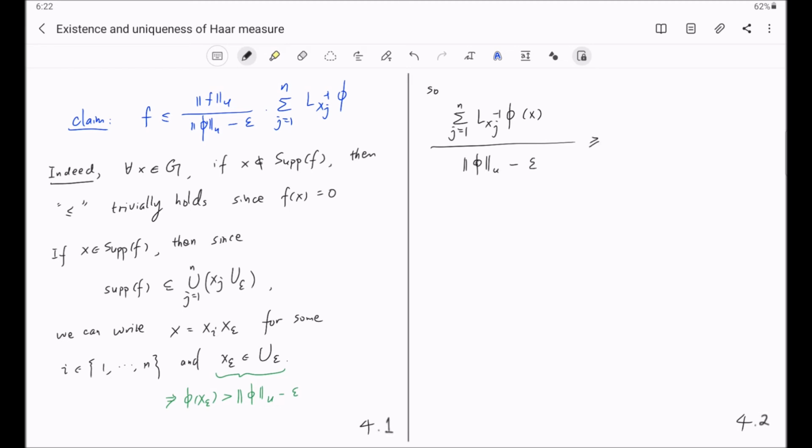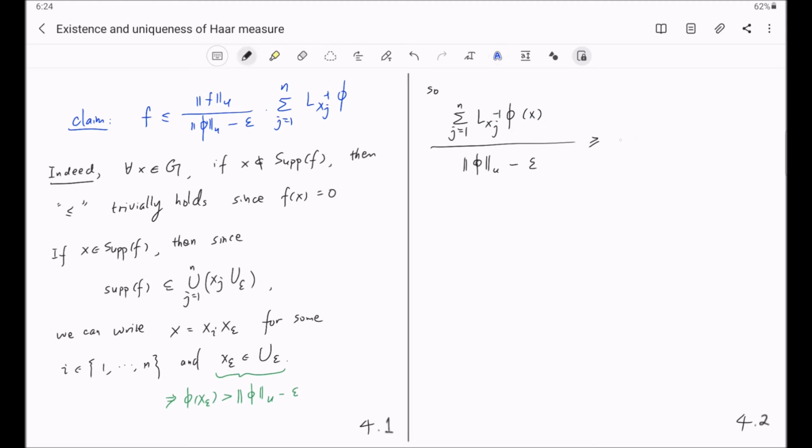This guy, remember, x is equal to x sub i times x sub epsilon. So this sum, because each individual term is non-negative, is greater than or equal to, in particular, each individual term.